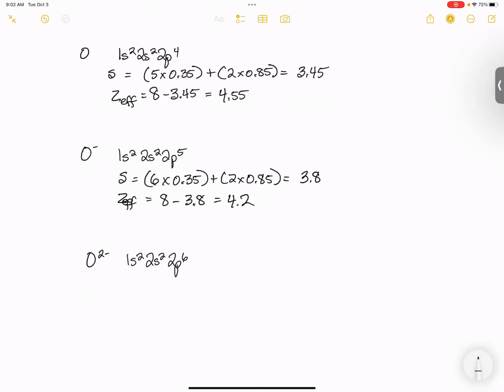And then for oxide, my shielding constant is going to be 7 times 0.35 plus 2 times 0.85, which is 4.15. So my Z effective is going to equal 8 minus 4.15, which is 3.85.